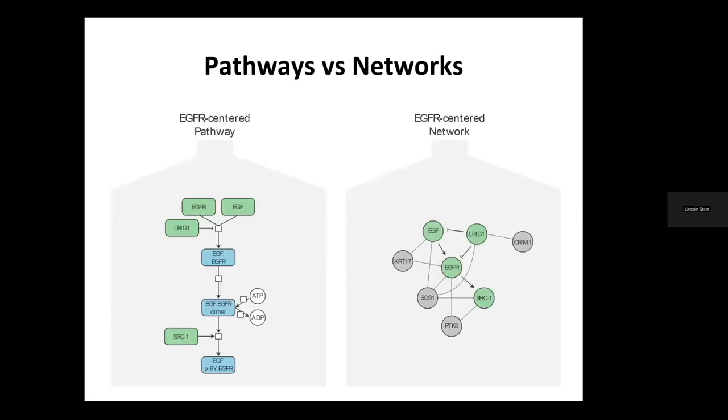Now, the basic difference between a pathway and a network is that pathways are biological descriptions of the biology of a series of reactions that occur in a cell or between cells, and are the fully annotated biochemical pathways that people and models that people publish, in which you have a series of reactions which have things that go in, inputs, which can be proteins or RNAs or lipids or whatnot, and a series of outputs, modified proteins.